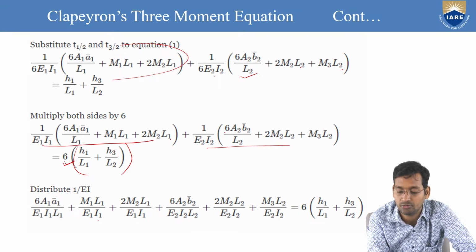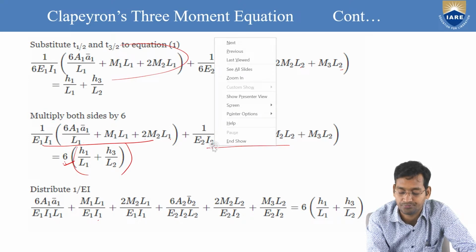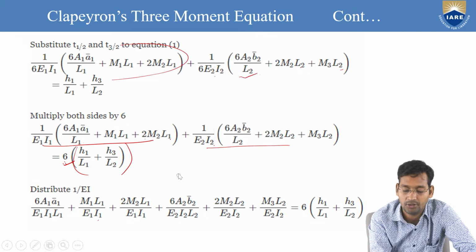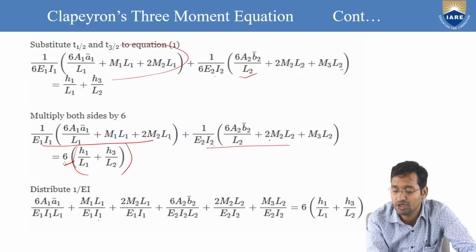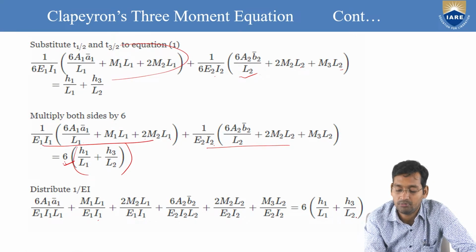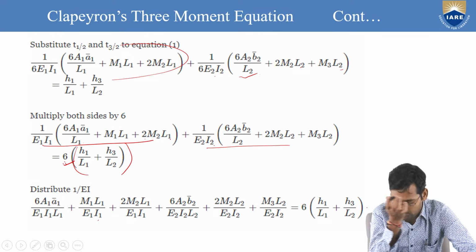Now multiplying this one: 6 A2 B2 dash by L2 divided by E2 I2, so E2 I2 L2. Next 2 M2 L2 by E2 I2, then M3 L2 by E2 I2, which is equal to 6 into H1 by L1 plus H3 by L2.